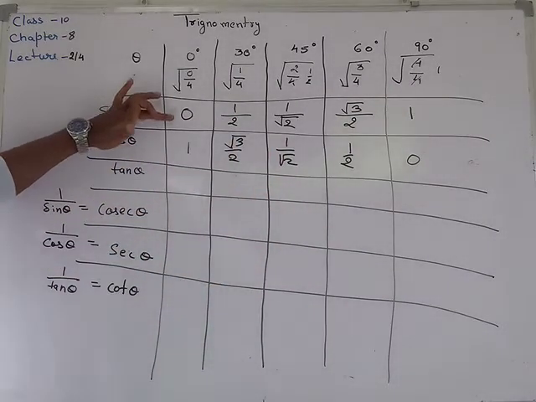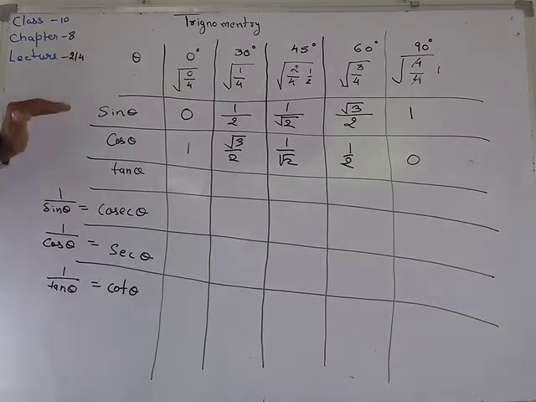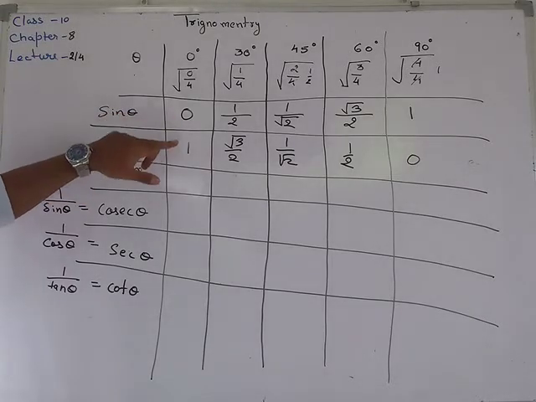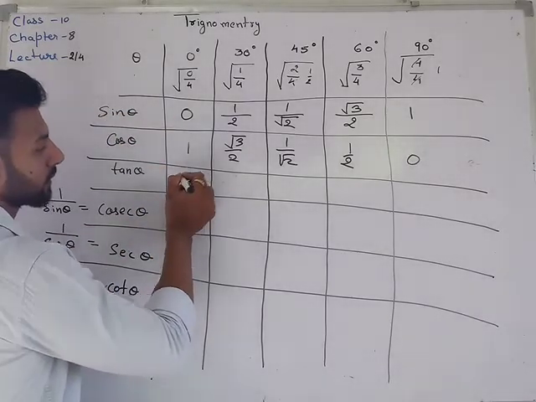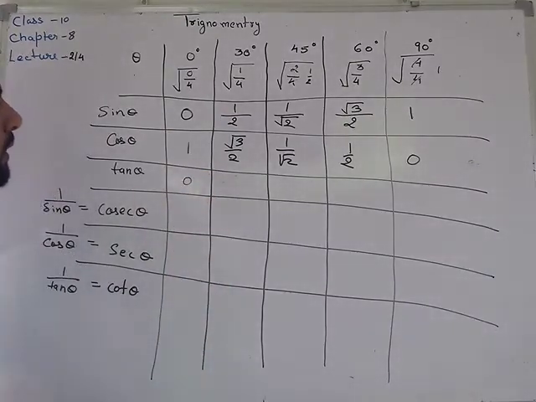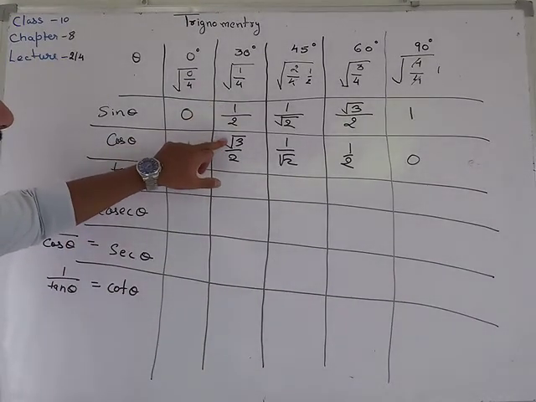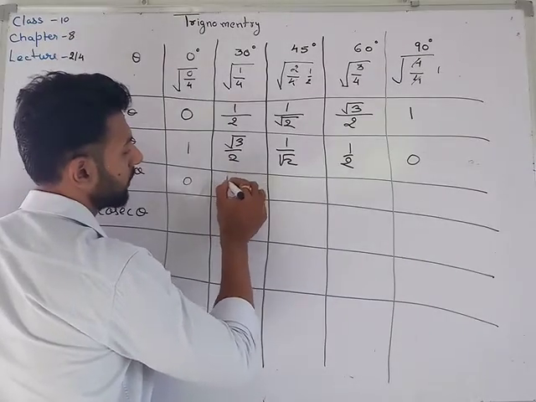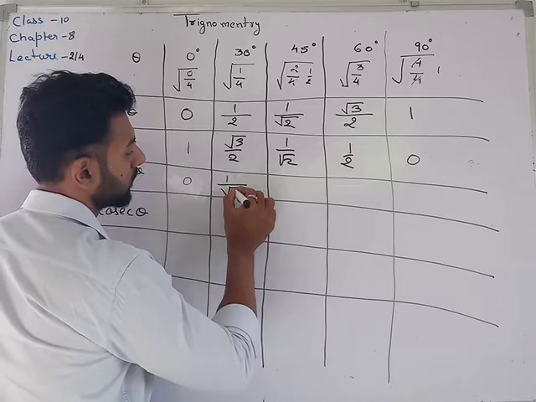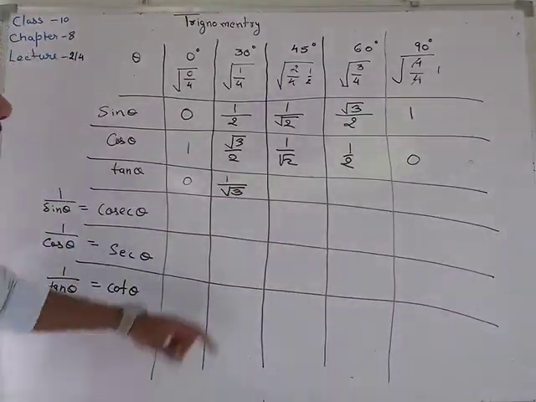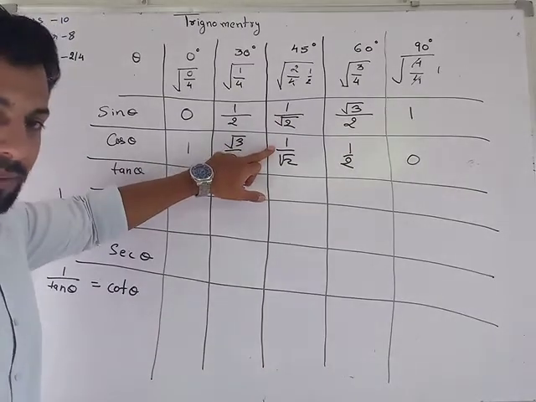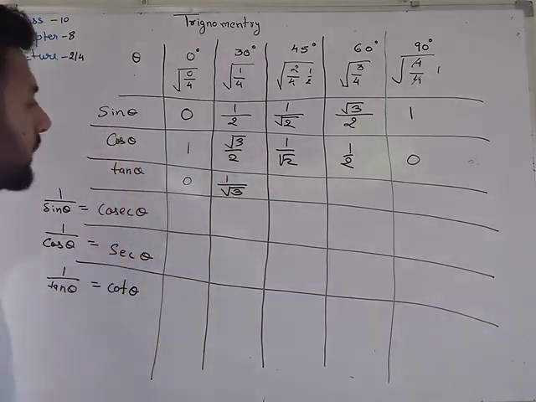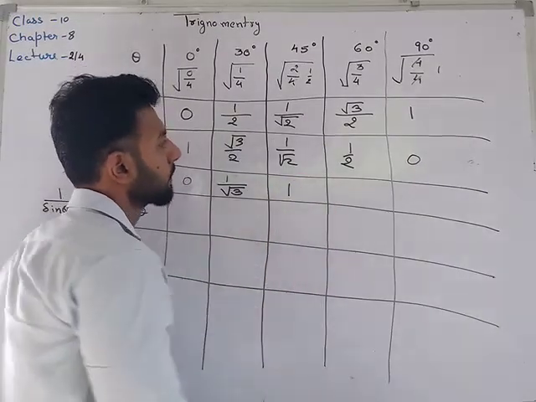Now divide sin theta values by cos theta to get tan theta. Means 0 by 1 is 0. 1 upon 2 divided by root 3 by 2 is 1 by root 3. 1 by root 2 divided by 1 by root 2 will get cancelled out and we get 1.